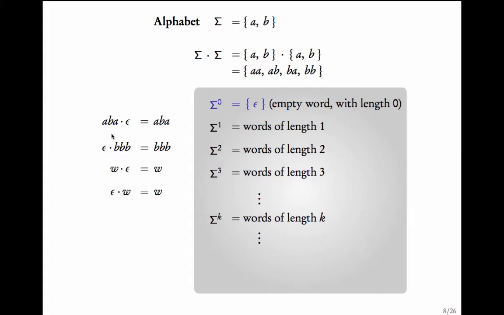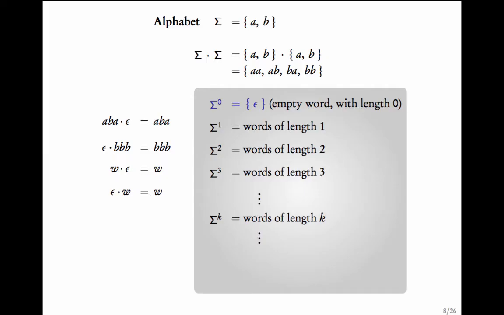Similarly, you take any word and concatenate it with epsilon, you will just get the same word. You concatenate it on whichever side you want, it doesn't matter. So epsilon dot BBB will just be BBB. Any word, so W is a word over A and B, W dot epsilon will be W, epsilon dot W will be W again.